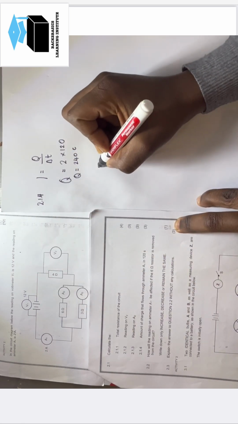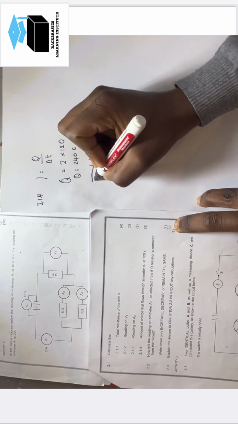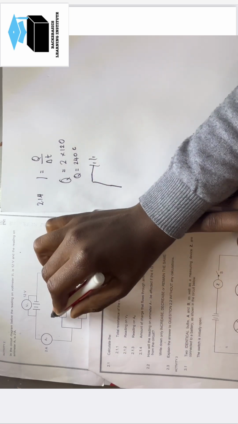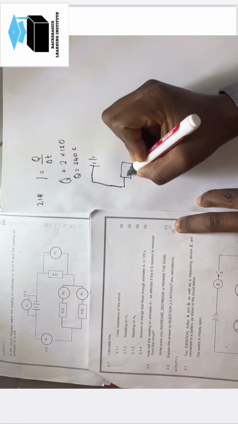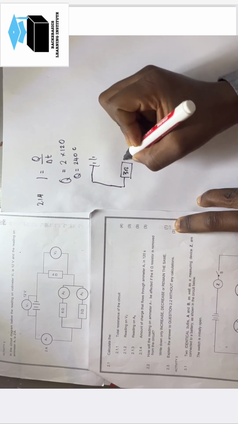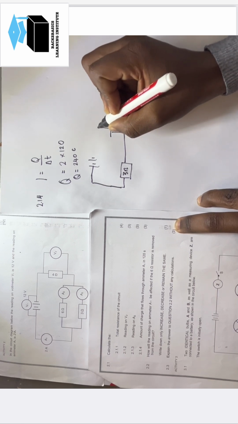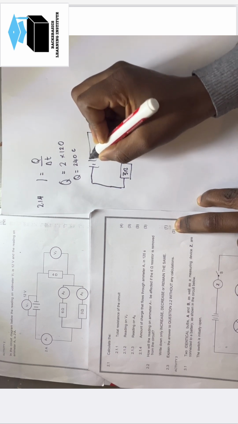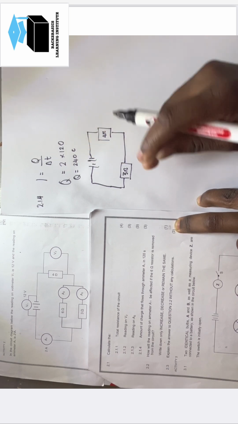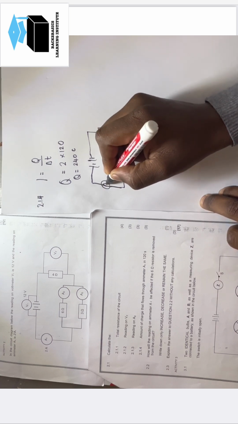If your 6 ohm resistor is taken out, you are still going to have your 2 cells, and as soon as they cancel your 6 ohm resistor, what we are left with is this 3 ohm resistor here, and then you are having your 4 ohm resistor here, right? So basically, this is how the diagram is going to look like.